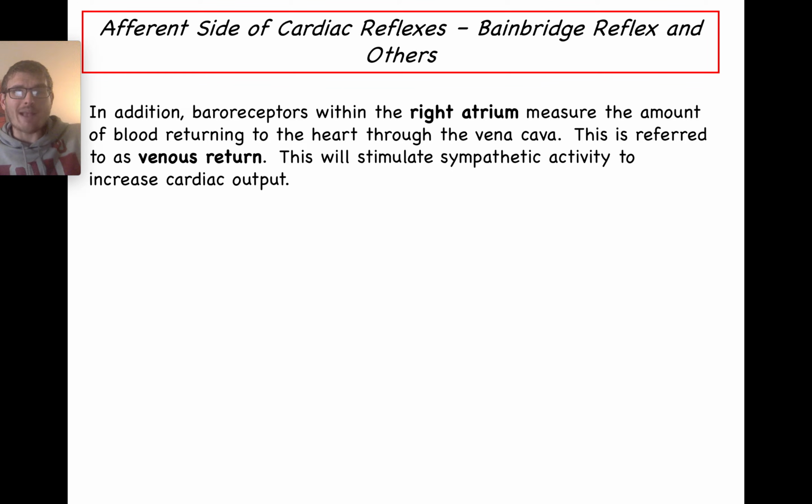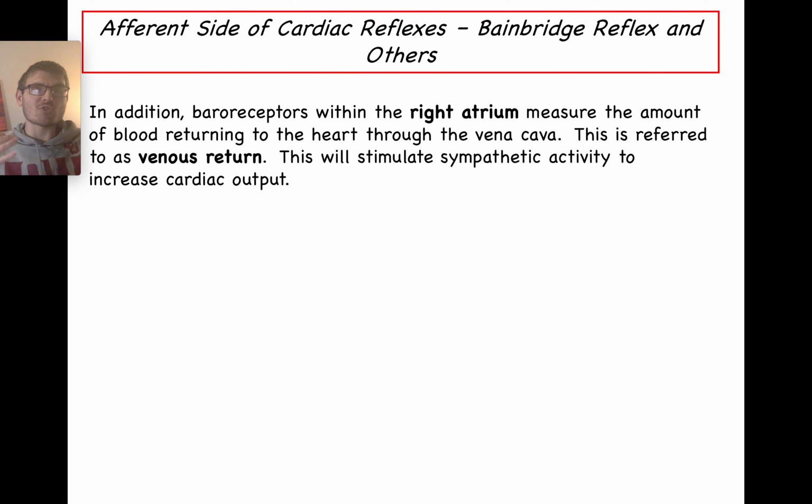A couple of other ways that we can get this afferent information to the brain. In one case, baroreceptors that exist in the right atrium measure how much blood is returning to the right atrium through the vena cava, and this is what's called venous return, the return of deoxygenated blood through the vena cava and back to the right atrium.